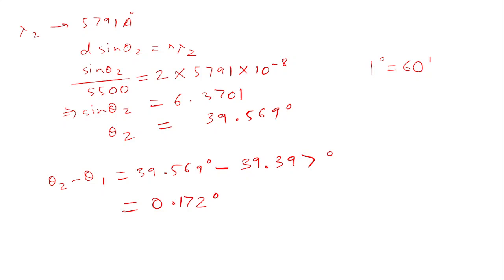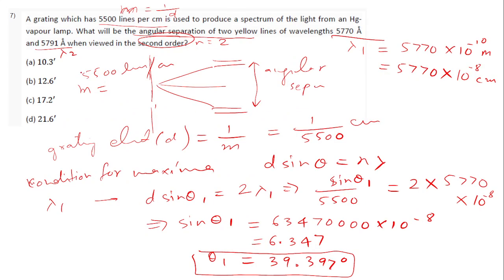So when I want to convert this 0.172 degree into minutes, I'll multiply this with 60 and I'll get the answer 10.32 minutes. If we only want to keep it to the first decimal digit, then the answer is 10.3 minutes. So option A is the correct one. So the angular separation between these two wavelengths will be this.